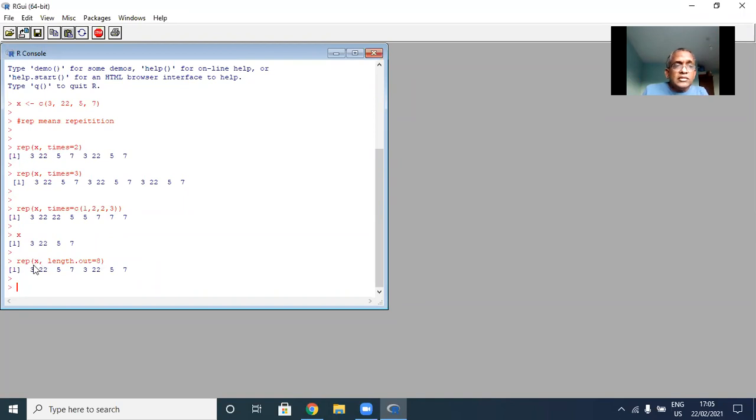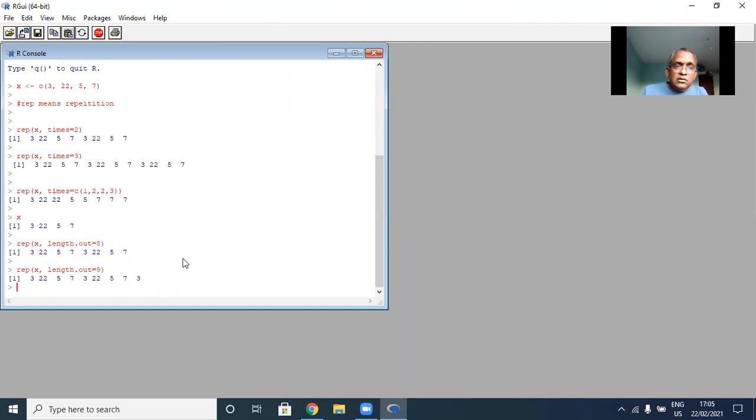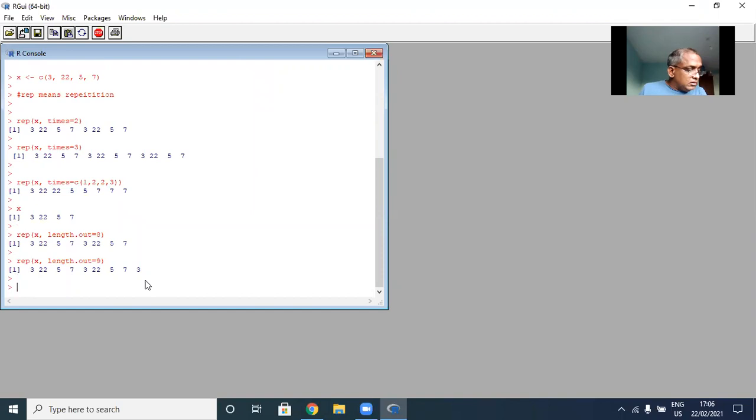So x is repeated enough times so that the total number of elements is equal to 8: 322, 57, 322, 57. Now, if you change this to 9, then it will be 322, 57, 322, 57, and 3. So it's the number of elements that you want in the output.